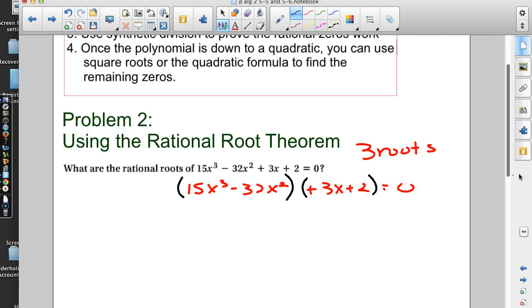So, 15 and 32, what can I pull out of there? 3 doesn't work at both. 5 doesn't work at both. Nothing I can do with that, but I could take an x squared out. And in the back, the only thing I'd be able to take out of 3x plus 2 is a 1.